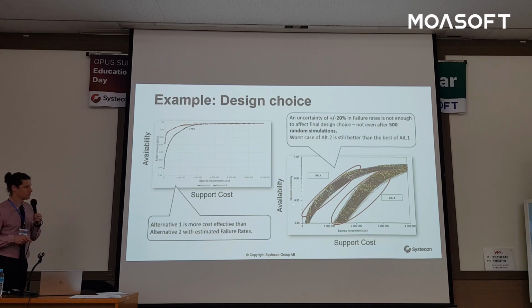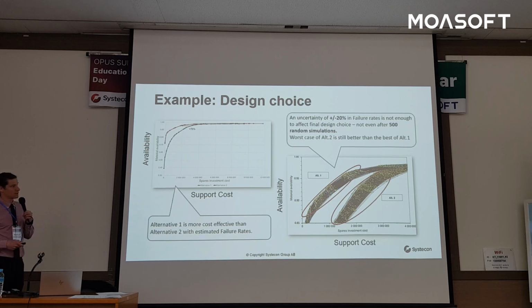And this is what we typically see, that the solutions from the optimization is quite robust. So the spread is not so big. That means that even though we have quite high spread on the cost and failure rate, the result in terms of number of spare parts is quite robust.